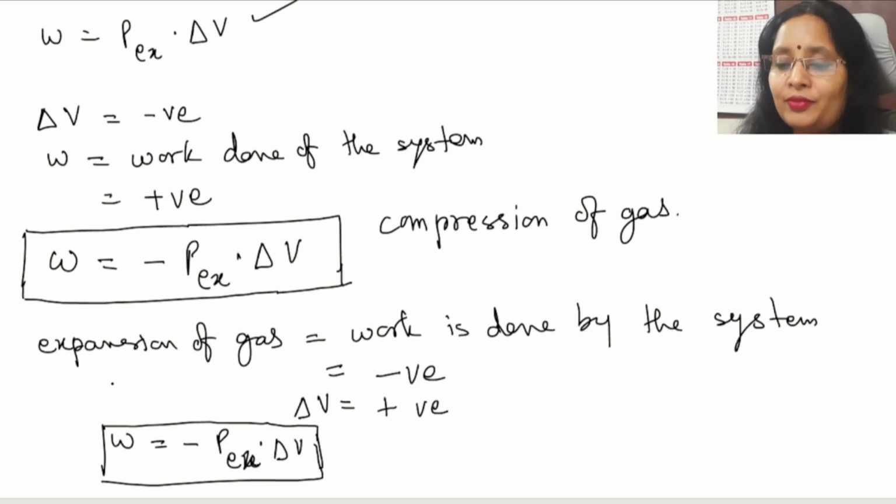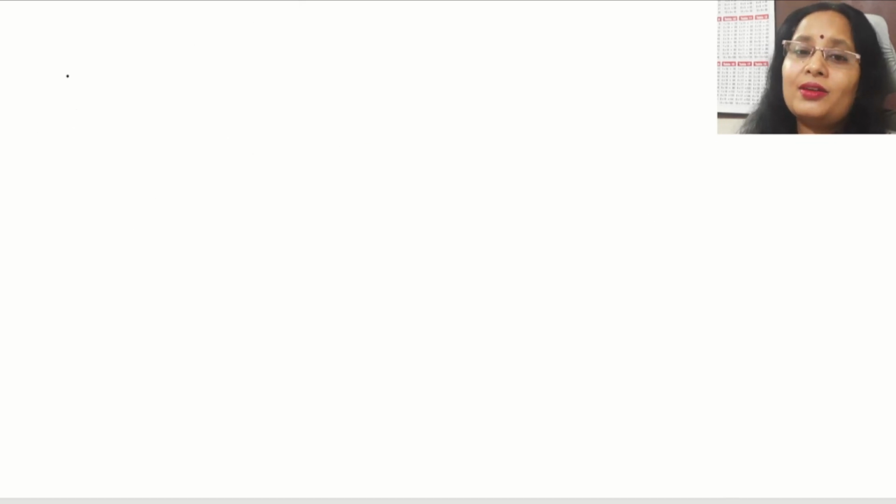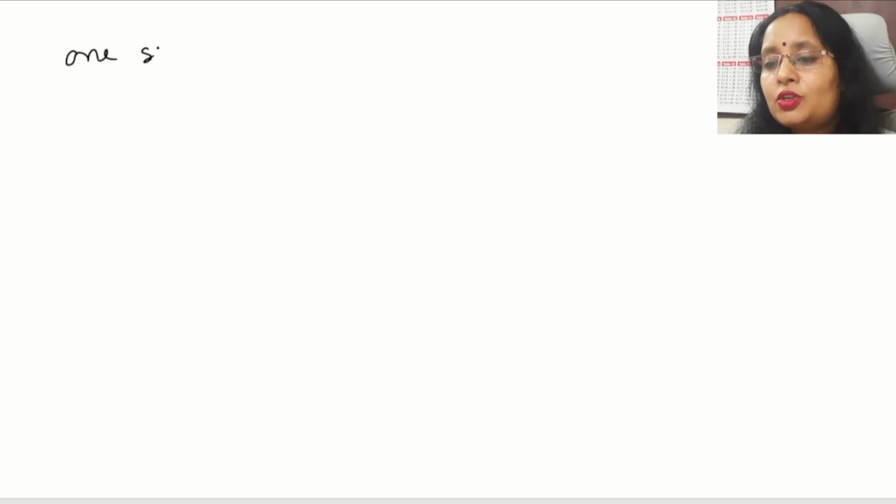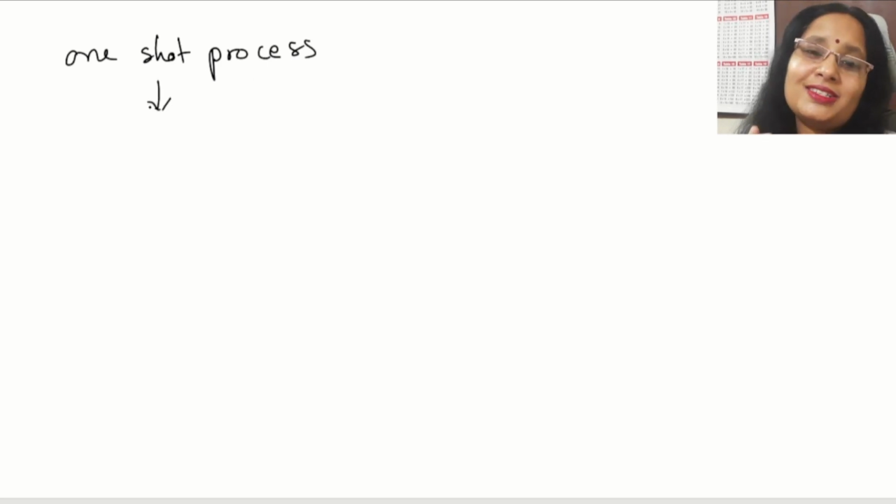And one more thing that I am going to point out here: this process, where we put external pressure and change the volume, happened in one shot. This one shot process means a sudden process.